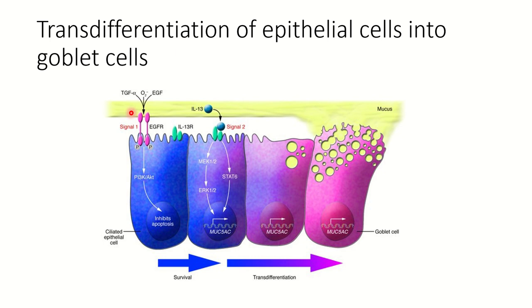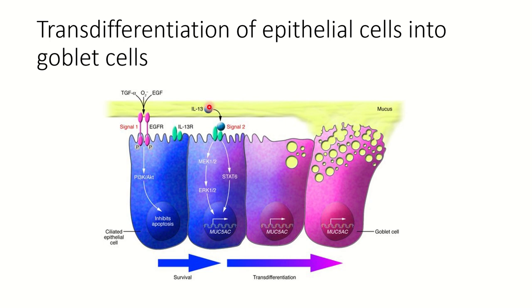Some of the factors and pathways are shown here, but let us not go into so much detail. What I want you to understand is that whenever airway injury happens, some growth factors are released, like transforming growth factor, epidermal growth factor, and some oxygen free radicals. They signal the epithelial cell and inhibit apoptosis, so the cell will survive.